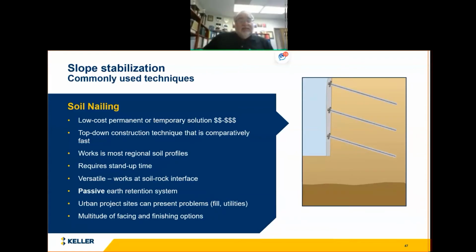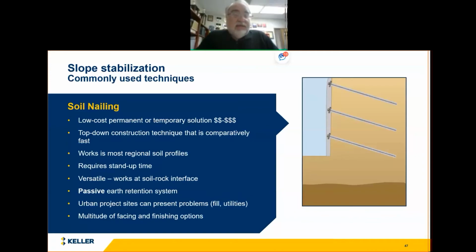It's a passive system. We don't stress these nails like we do in tieback anchors. We let the movement of the soil and gravity cause the tension in the nail. So it moves a little bit more. You're going to get a little bit more movement with soil nailing than you would with a tieback anchor solution. So you can have problems in urban areas due to high utilities.